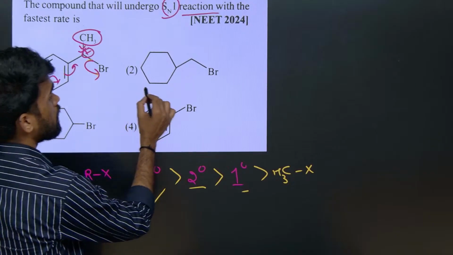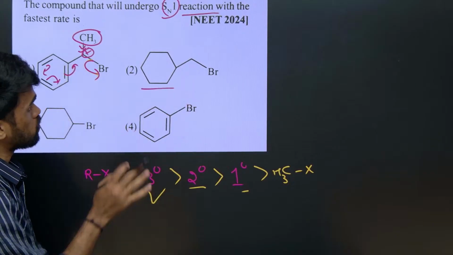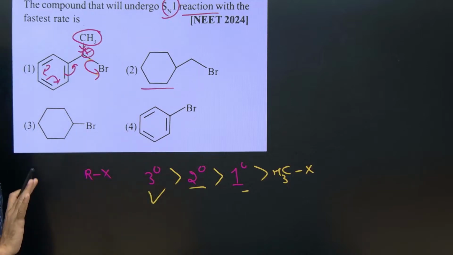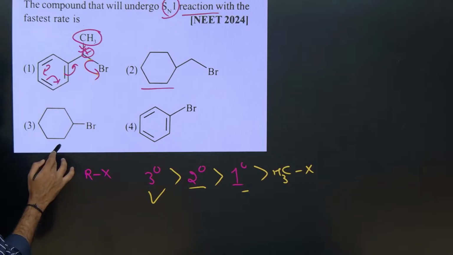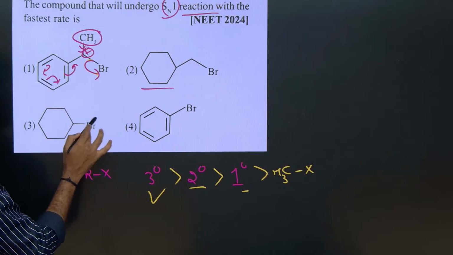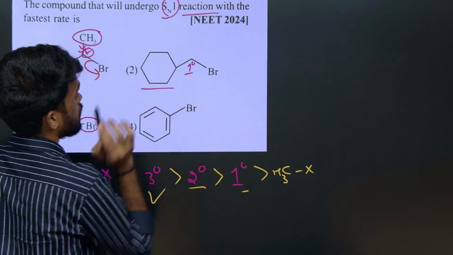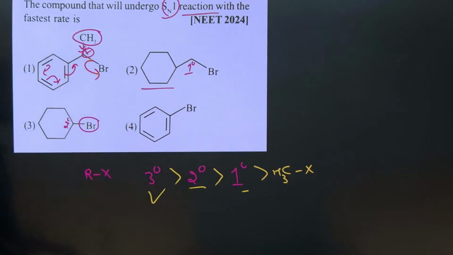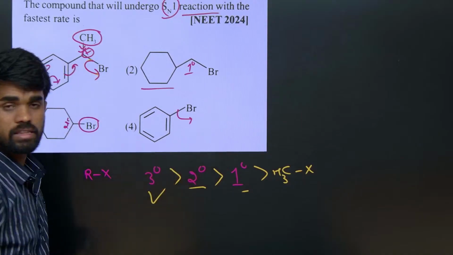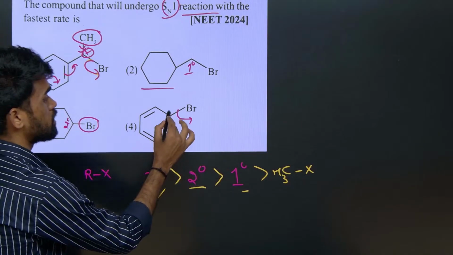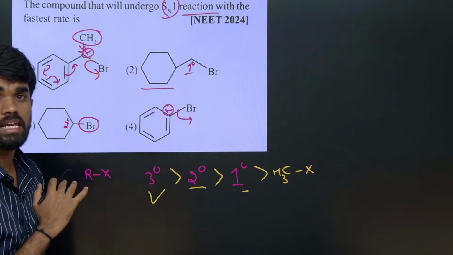So this is simply cyclohexane. It will also be involved in the reaction, but not as fast as case 1. And here this is also cyclohexane, with a secondary carbon here and a primary carbon here. Now here, if I remove this, it won't react at all, because the carbocation generated here is highly unstable.